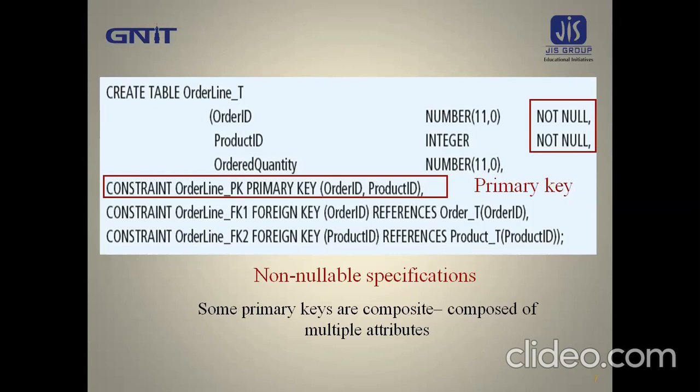So order ID must be a foreign key for the order T table, and this we have confirmed by adding the constraint order line fk1. So order line fk1 is the name of the constraint which guarantees that order ID will be a foreign key.